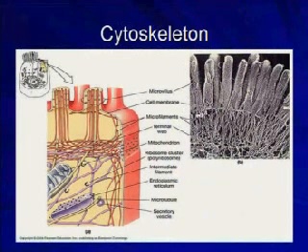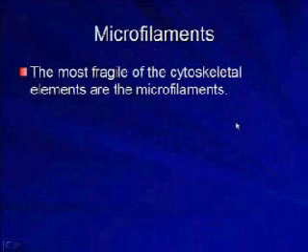It gives you an illustration of the various components of the cytoskeleton. Microfilament, terminal web, again, portions of the cytoskeleton, the intermediate filaments, and then the microtubules. You see it in the illustration, and you see another picture of it in electron microscopy, again, illustrating the cytoskeleton.